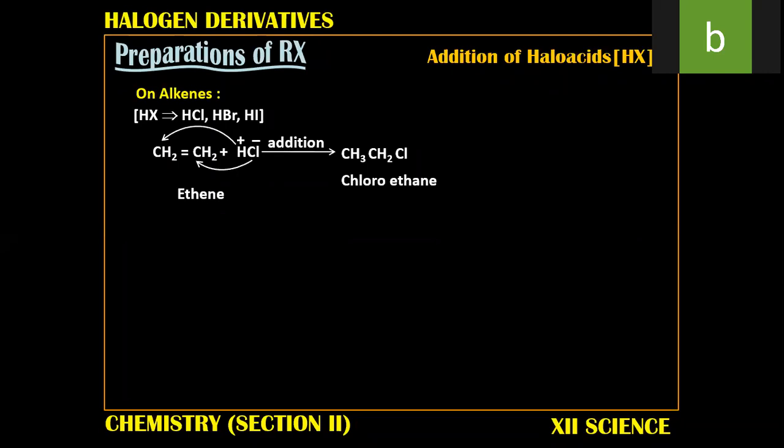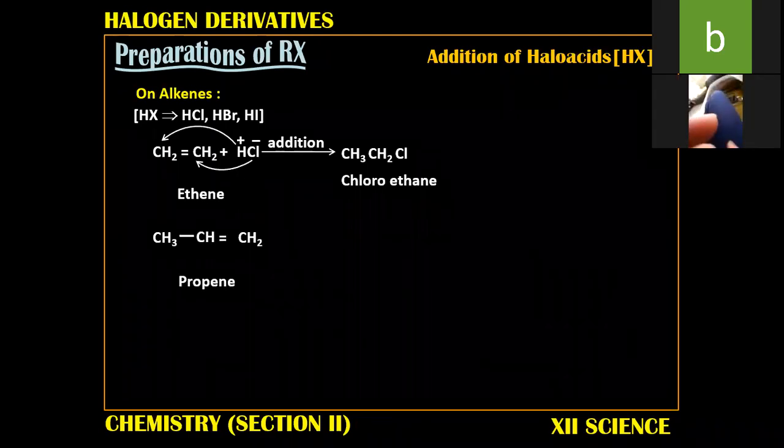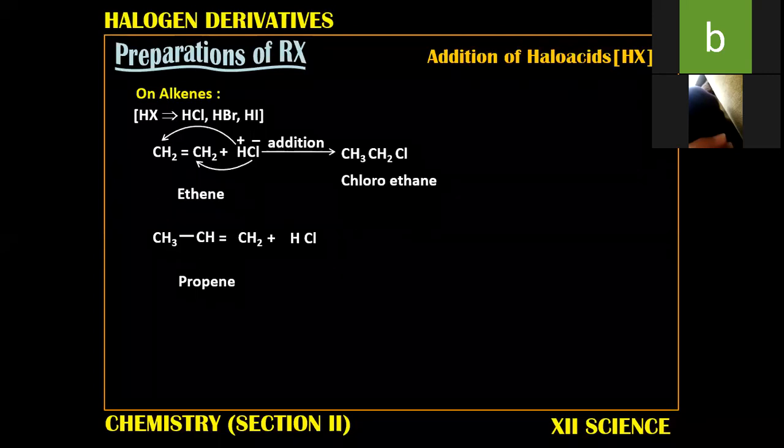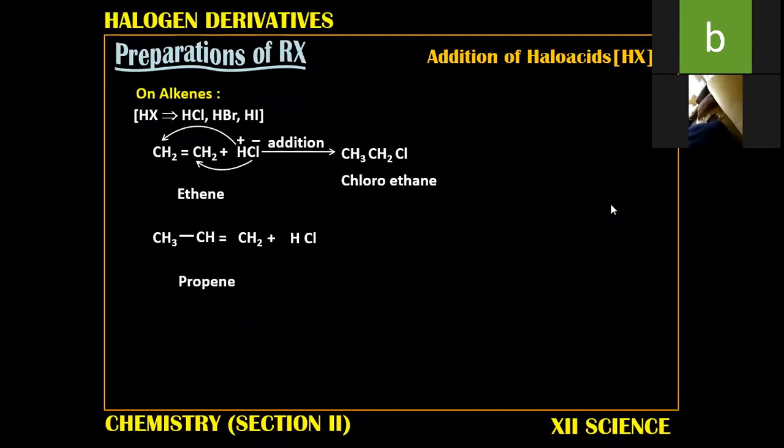Okay, second example we'll do is propene. Now propene is an unsymmetrical alkene. So when you add HCl to this, hydrogen will go to the carbon having more number of hydrogens and chlorine will go to the carbon having less number of hydrogens. This rule is called Markovnikov's rule.